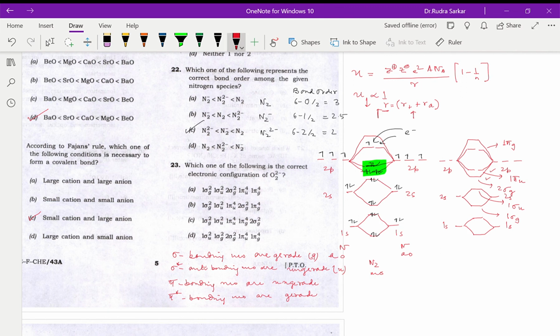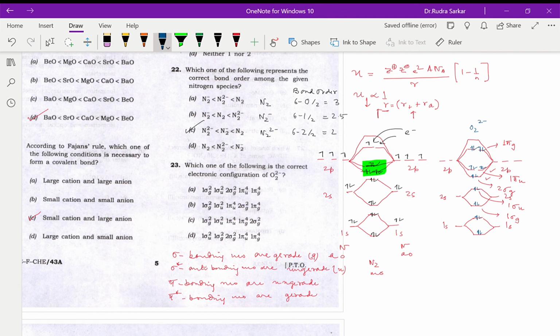Let's do that. 1, 2, 3, 4, 5, 6, 7, 8, 9, 10, 11, 12, 13, 14, 15, 16. That is for O2, right? But for O2 2 minus, you add 2 more electrons.